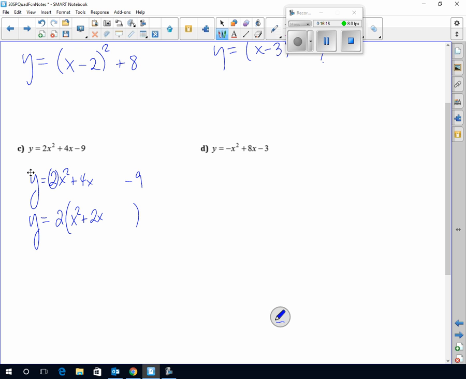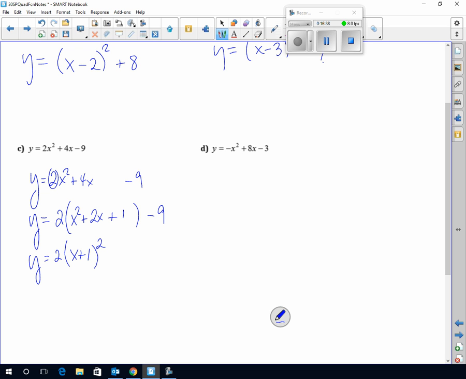So half of 2 is 1, so this is going to be x plus 1, the whole thing squared. And if I square 1, I actually get 1. But what do I end up subtracting, though? This is actually 1 times 2.